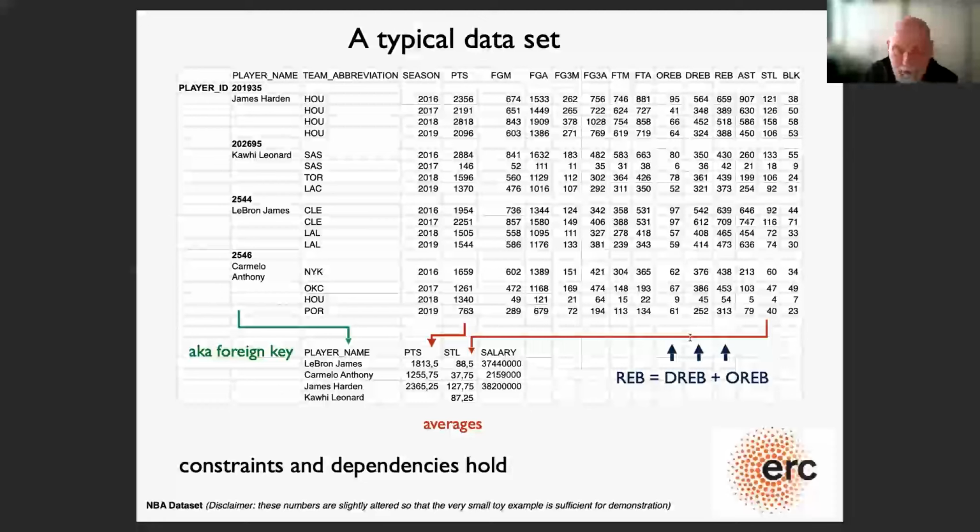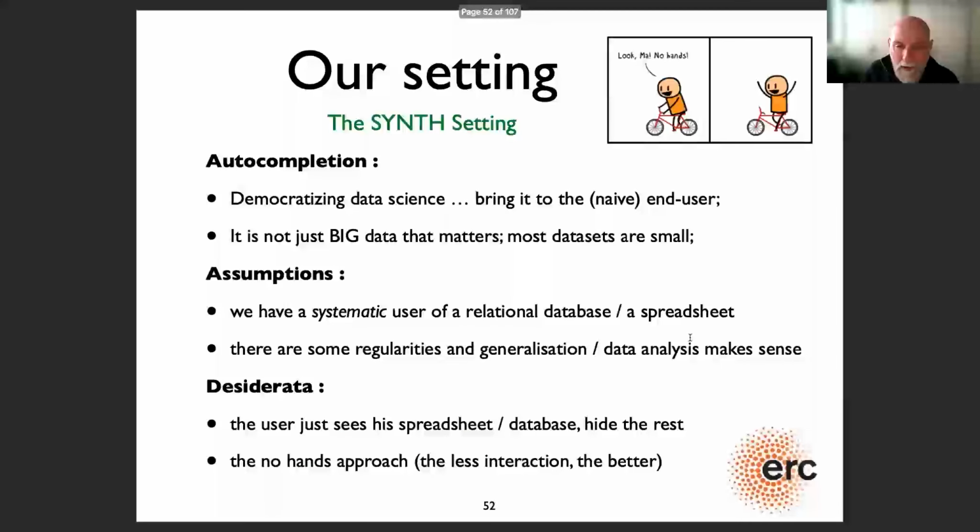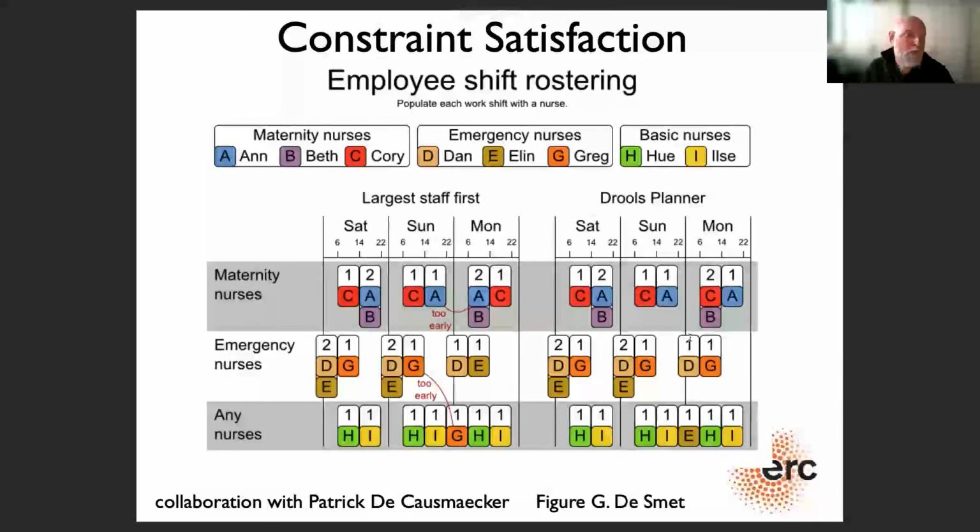In Excel, it corresponds to macros that you can write down. But in many other domains, like, for instance, in scheduling and in rostering, there are a lot of constraints that hold. And also there is a lot of data available about the past performance.